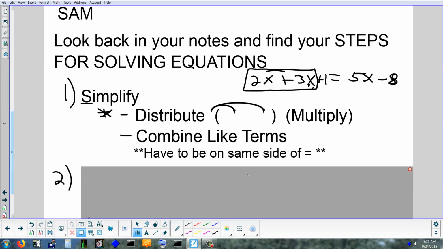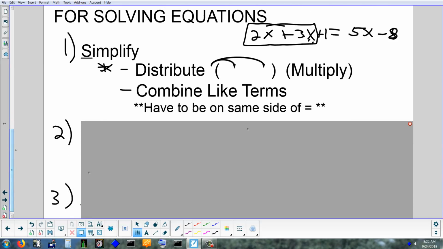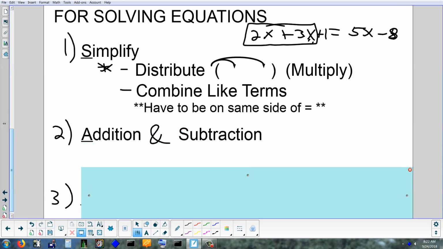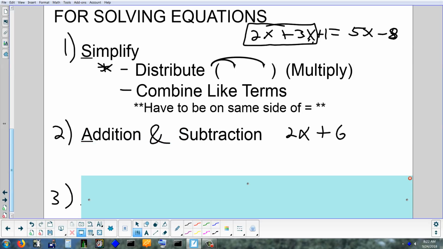Okay, so now after you've done step 1, you've simplified everything you can on each side. Now we have to start putting stuff on the same side. So what's the first math operation we use to do that? Adding and subtracting. Here's a problem that would have some adding and subtracting: 2x plus 6 equals 18.